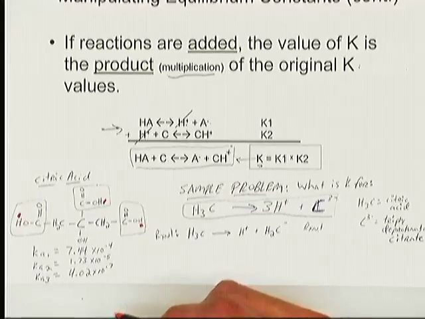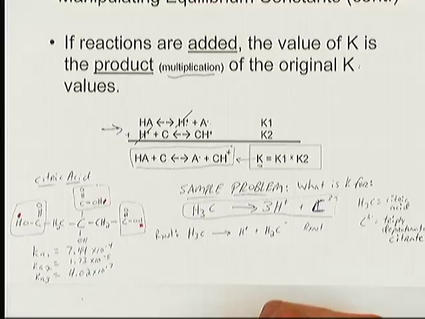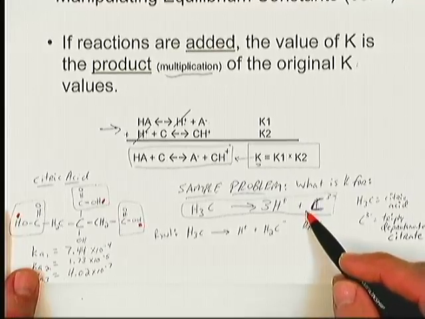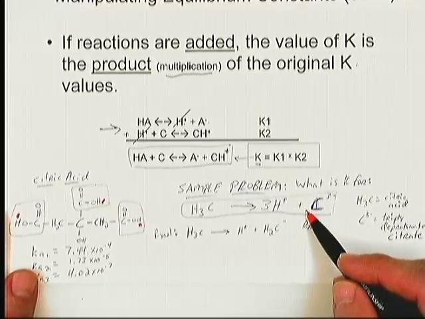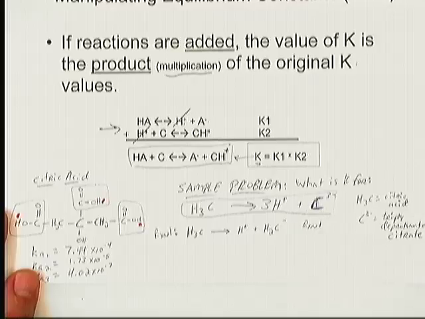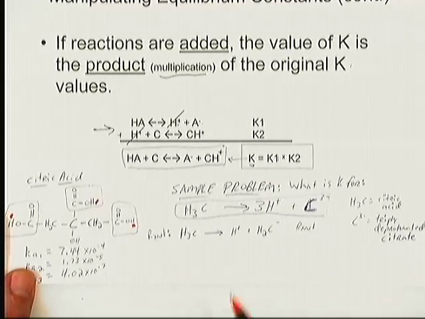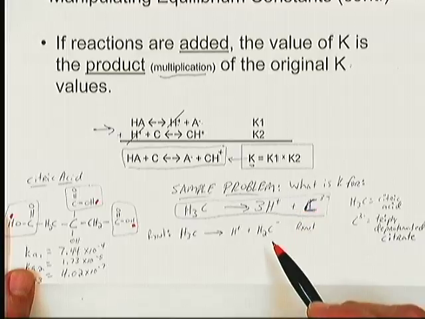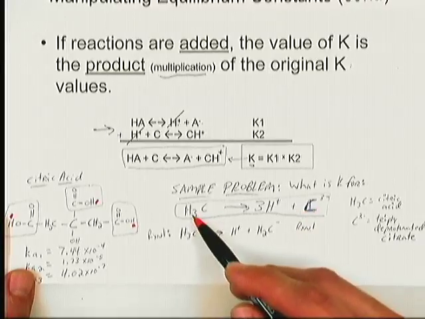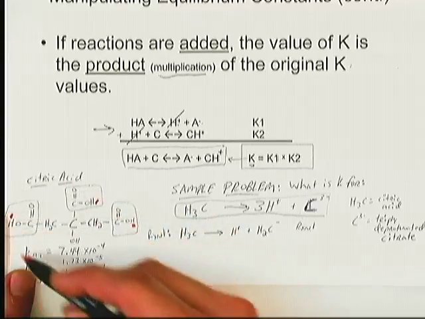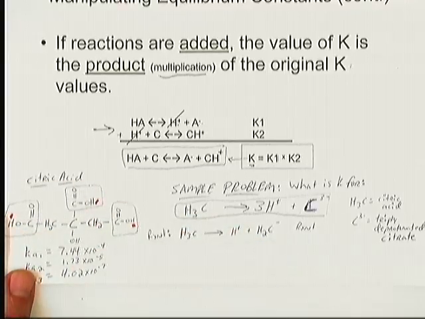Now, I can find that information in a data table, but what I really want to know about, for my purposes, is this reaction. What is the K for this? Now, first off, I wrote this in a shorthand notation to sort of save time and space here. But I wanted to define what I mean by this. This H3C is meant to be the fully protonated molecule of citric acid, where it's got all of its protons.